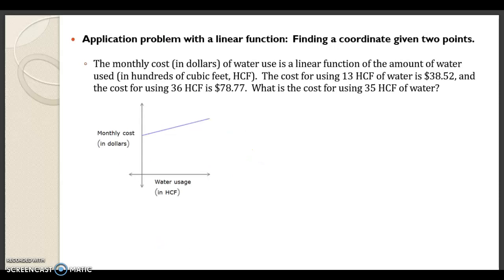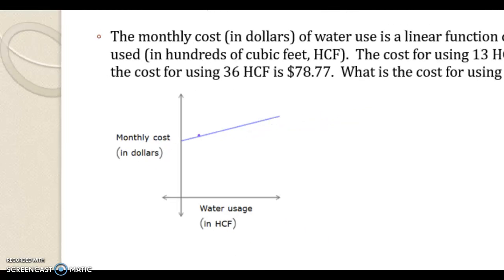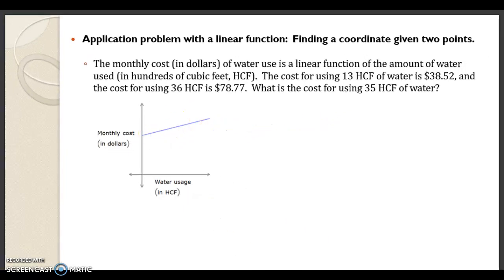Well, we have a linear function, right? And we have 2 points along this function. We have where we use 13 HCF, and then we have where we use 36 HCF.